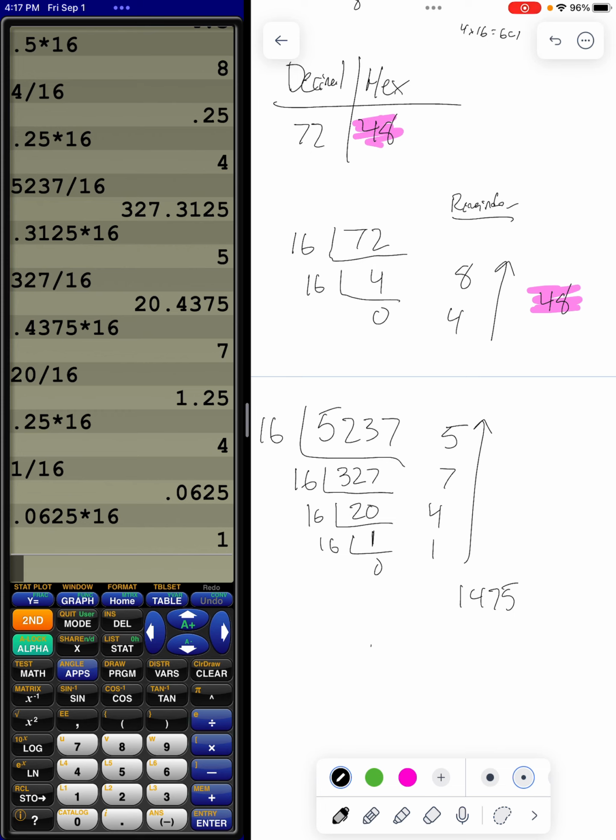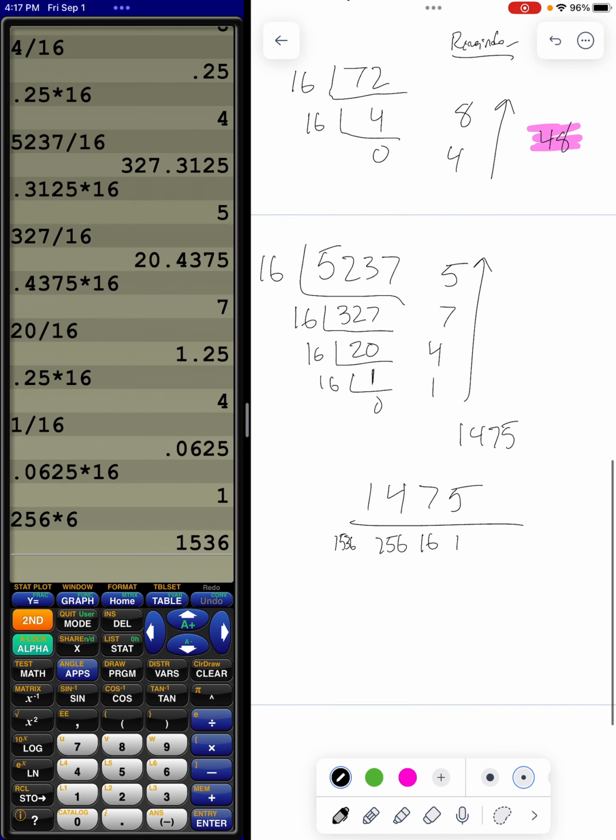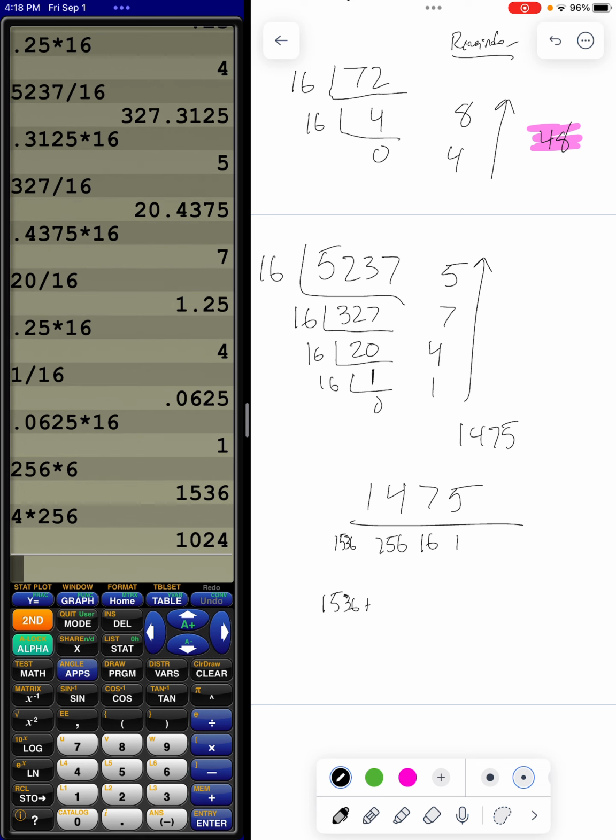I like to go back and check my work. Here's one thing I can do: 1 times 4096, 256 times 6 is 1536. So I'm thinking there should be 1536. So let's see. Plus 4 256s. This is not going to work. I have made a mistake somewhere.